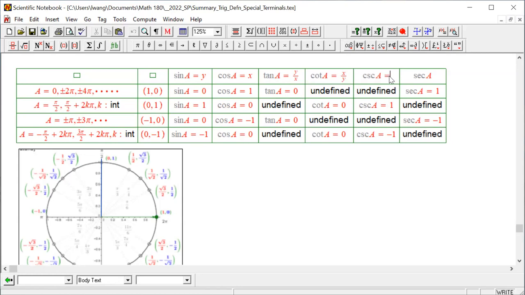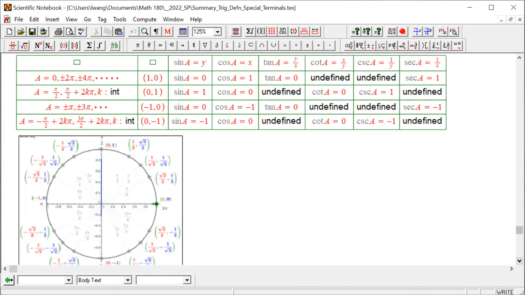And cosecant is 1 over y, and secant is 1 over x. These are, of course, on the unit circle. So we have actually already figured out the domain, okay? But anyway, we're going to have another way to approach domain here for the other terminal, okay?